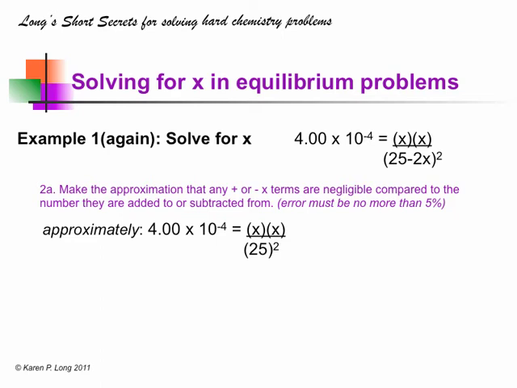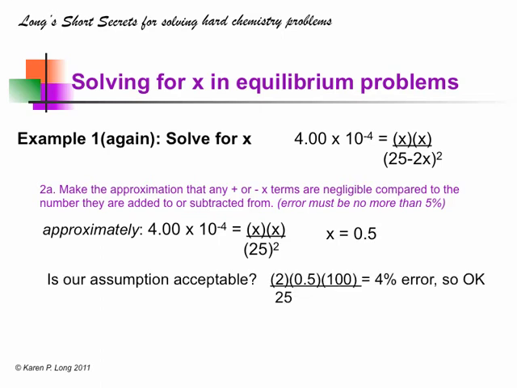We have x squared over 25 squared now, and you can solve that for x. It comes out 0.5. We always must check in this method that the error that we are creating by making this assumption is no more than 5%.